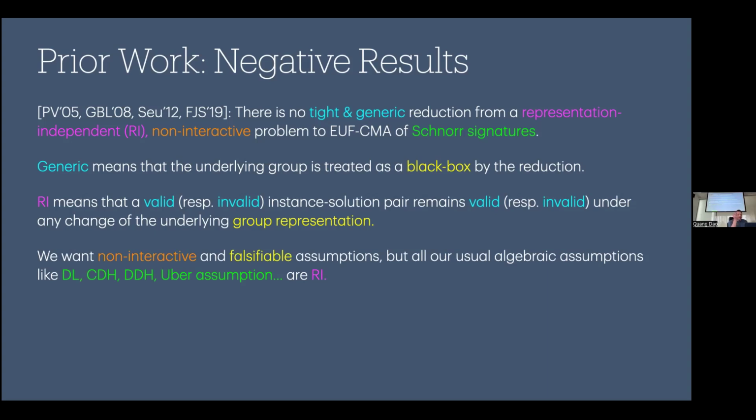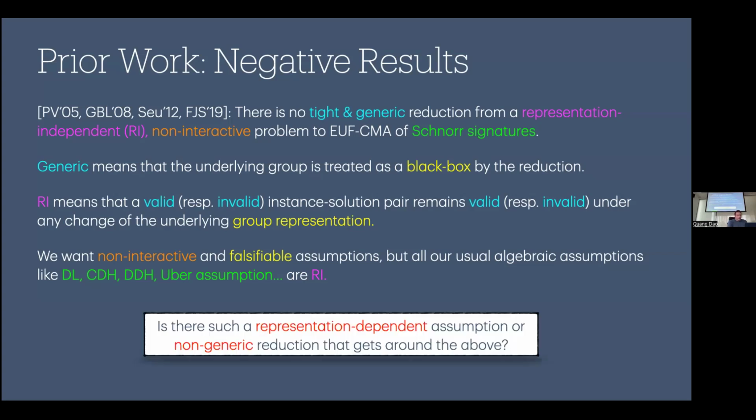So the problem here is that if we want to use a non-interactive and falsifiable assumption, most of the assumptions we know are representation independent, like discrete-log, CDH, DDH, or the Huber assumption, right? So it's hard to even think of what a representation dependent assumption would look like, but apparently we have to use one.